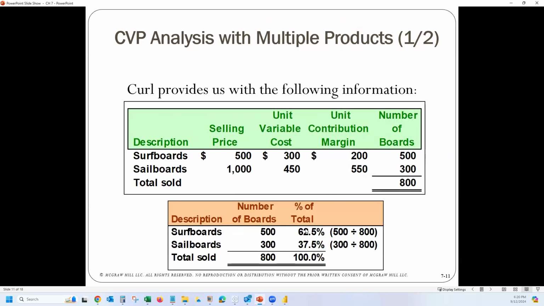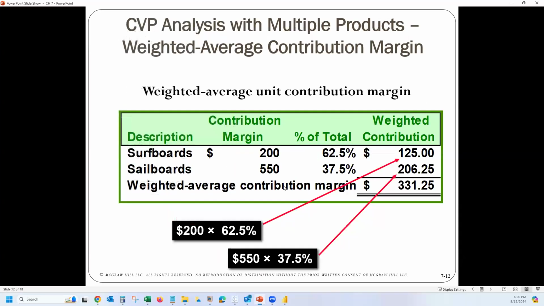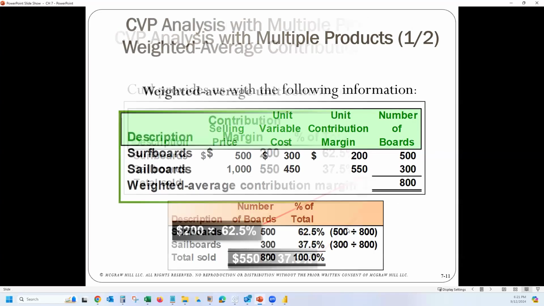62.5%, because that was the percentage of the quantity that they have to have in the sales mix for this company to break even, and also for the salesboard. So 62.5%, and for the salesboard, they will need to have a contribution of 37.5% from the contribution margin from each of the products, which is the percentage we calculated here earlier.